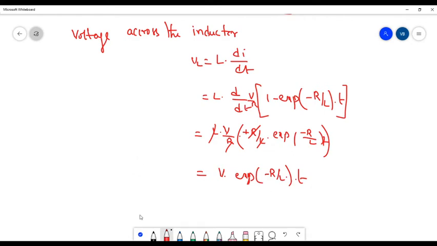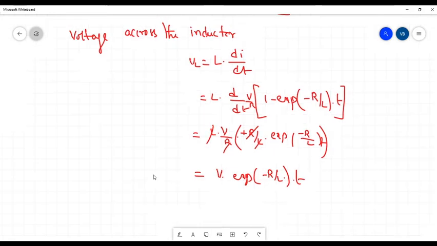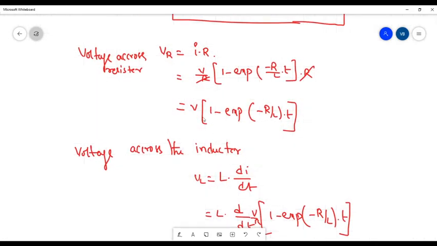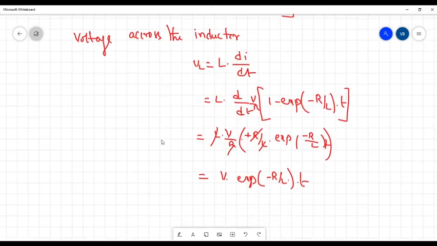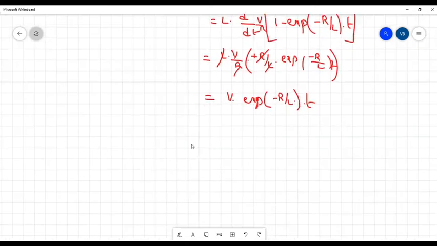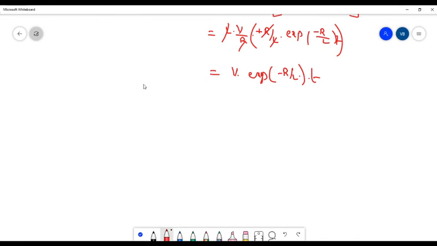So for the resistor, what you got is exponentially 1 minus, so 1 minus means nothing but exponentially increasing. Here V into exponential. So we can draw this as the response of the RL circuit.